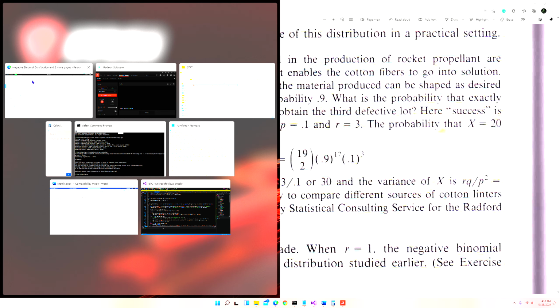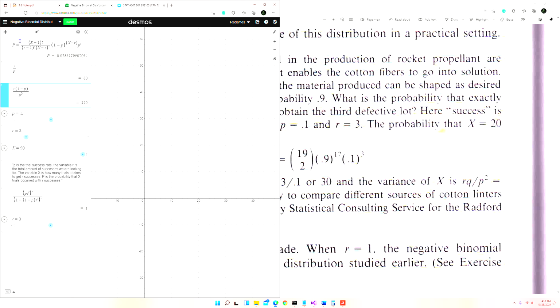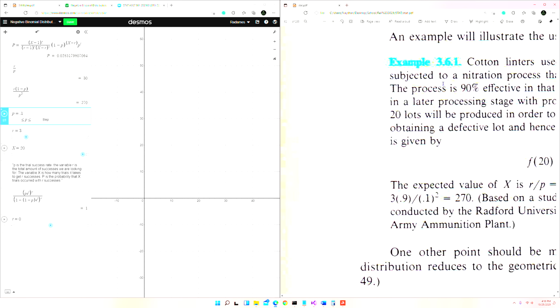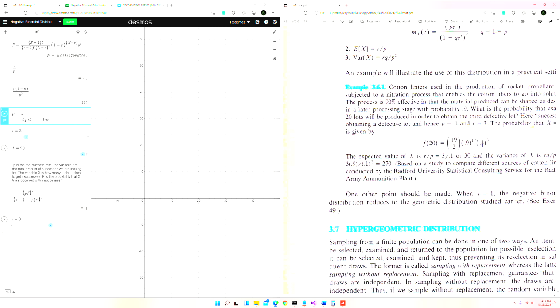I'm going to put this side by side over here so we can see this is the function that we're plugging everything into. All that we would do is plug in 0.1 for p, r equals 3, because they gave us r equals 3, and x equals 20. As you can see, the probability of this occurring is going to be about 3% right there.